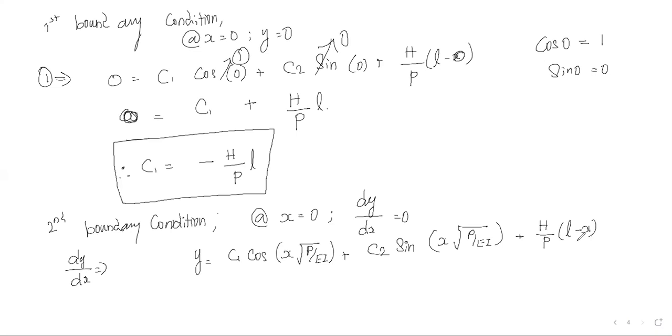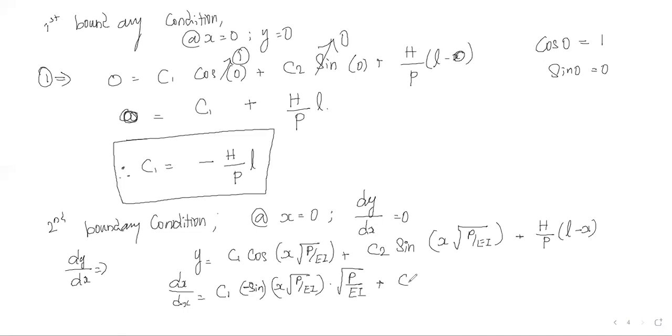Now we have to differentiate with respect to x. So dy by dx is equal to, first the whole term, C1 into minus sin x into root under p by EI, and differentiating x into root under p by EI, I get root under p by EI.